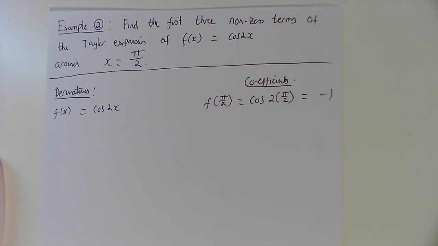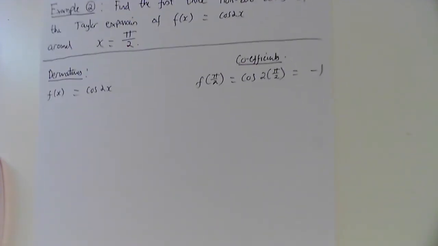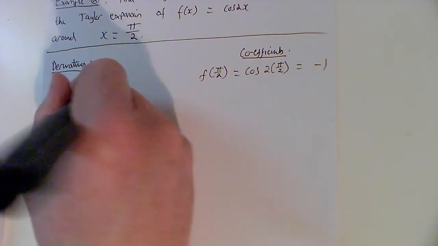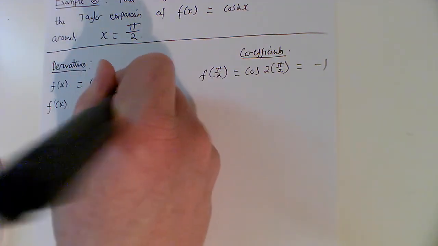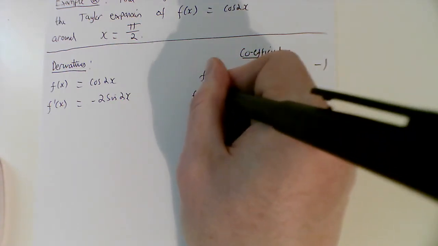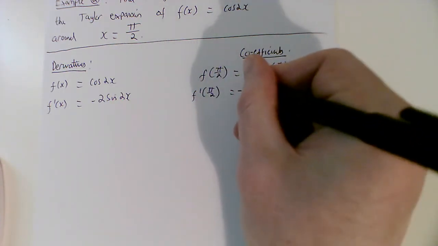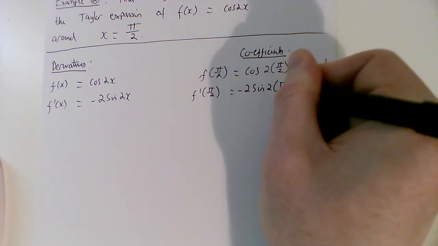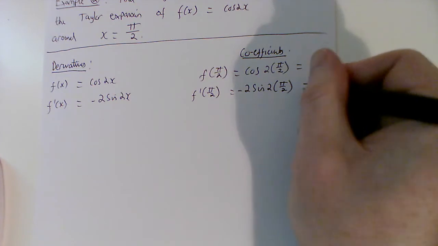Or if you just think about it, cos at 180, because that's what that is, -1. Right, now we're going to differentiate this. So f dashed of x is -2 sine 2x. So f dashed of pi by 2 is -2 sine 2 pi by 2, which is 0.